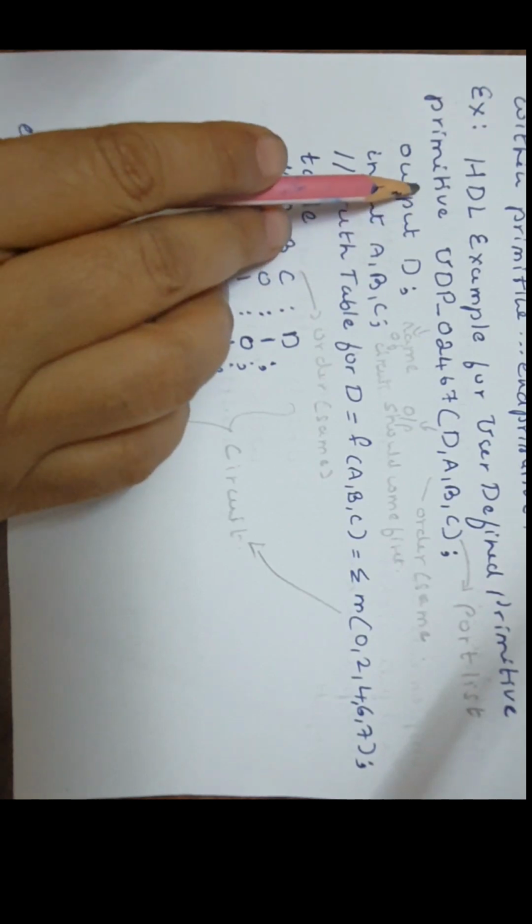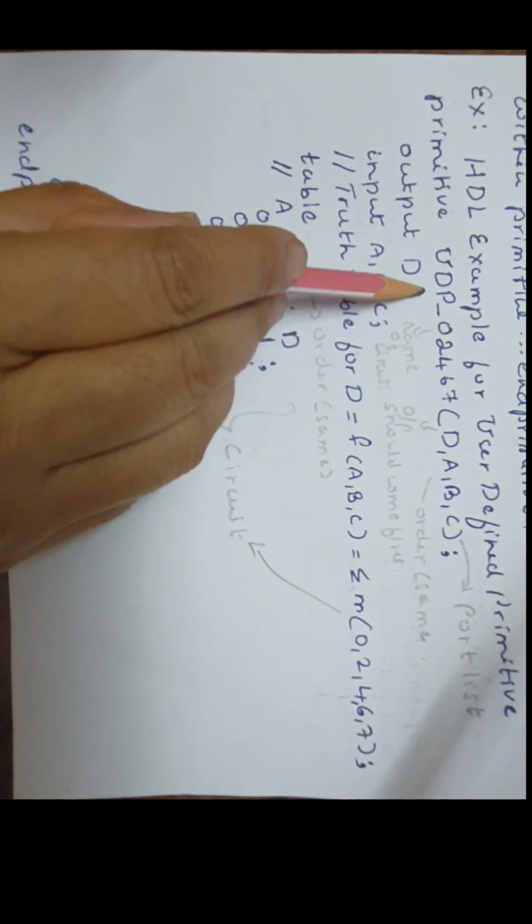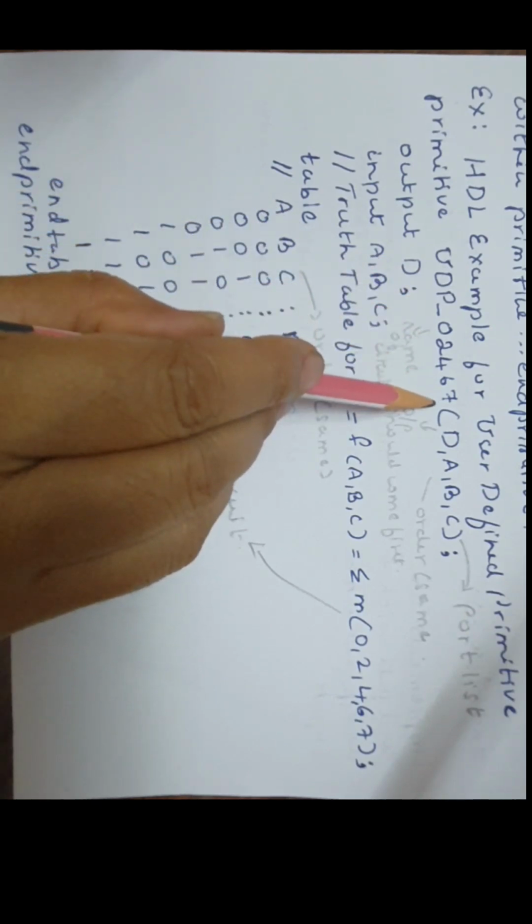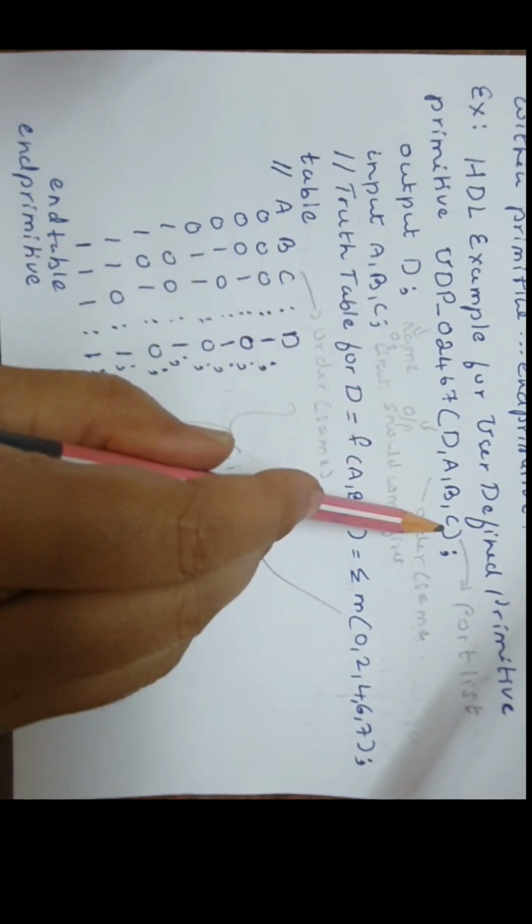It is called a primitive because it is written within primitive and endprimitive, and it is going to implement some user defined circuit. Hence it is called a user defined primitive instead of a program. The name is UDP_02467. Any name can be given, but this name is given here. In brackets, then after the bracket, semicolon.